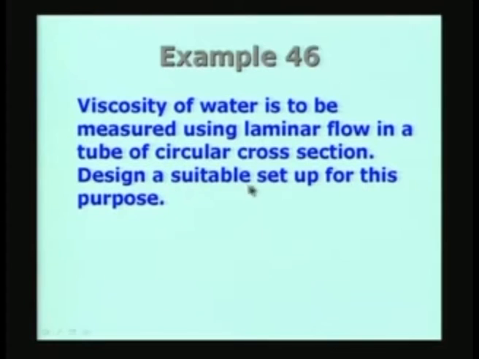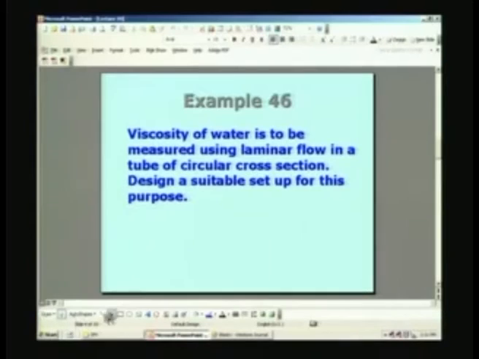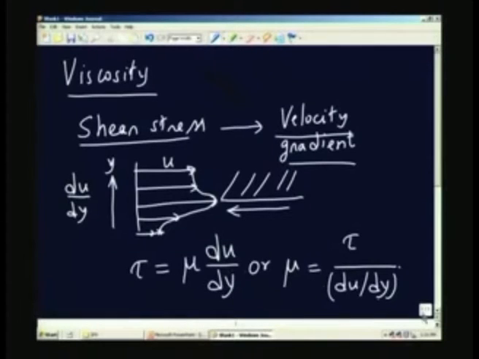We want to design a suitable setup for this purpose. So, this will give us some idea about how to go about doing the measurement also. So, let us look at the typical arrangement. So, this is example 46.